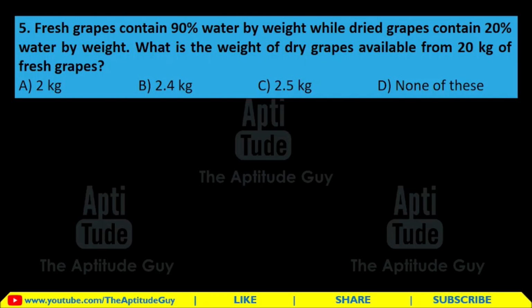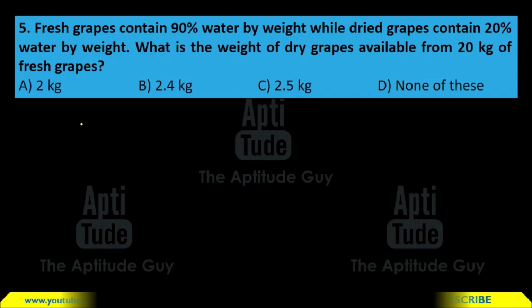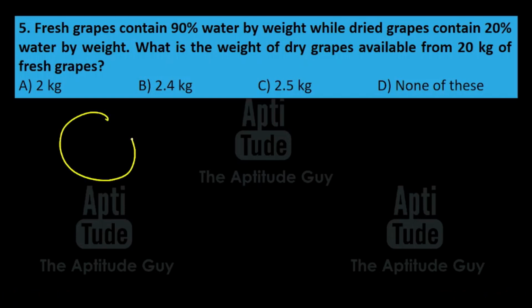All right, let's do it. Fresh grapes contain 90% water by weight, while dried grapes contain 20% water by weight. All right, let's try to visualize this question. We have fresh grapes. This is fresh. Fresh grapes are 90% water. Water is 90%.